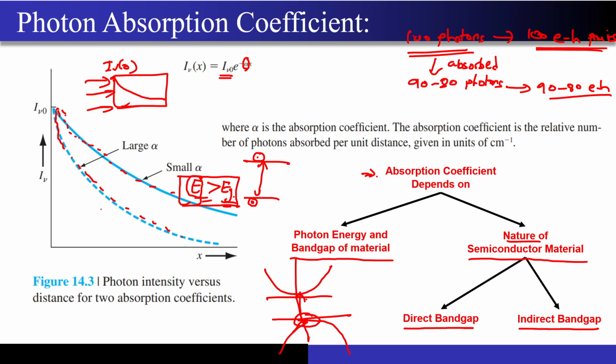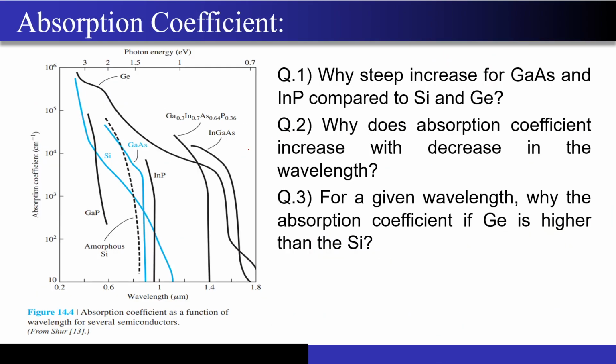But if my diagram looks something like this, that is a very big trouble, because this is K, the momentum vector, and this is the energy. Not only do I have to go from here to here, I also have to provide a momentum vector. That is a very inefficient process. So for a direct band gap semiconductor, the absorption coefficient will always be higher. This is what I was talking about.